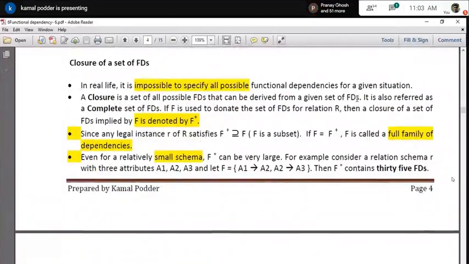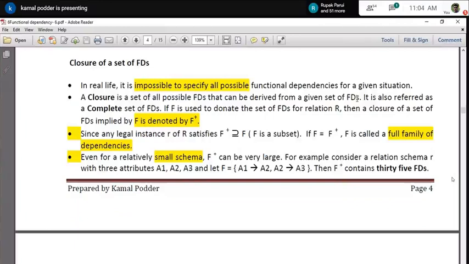Now understand that our objective is not only to find out the FDs. We have to find the FDs so that they cover everything, but should not contain any redundancy.